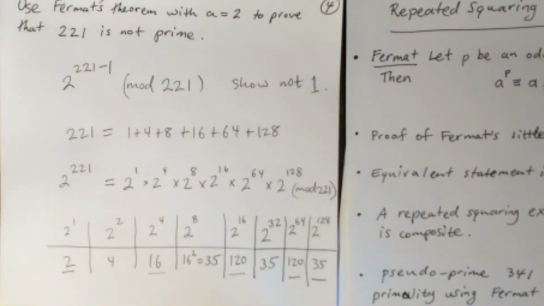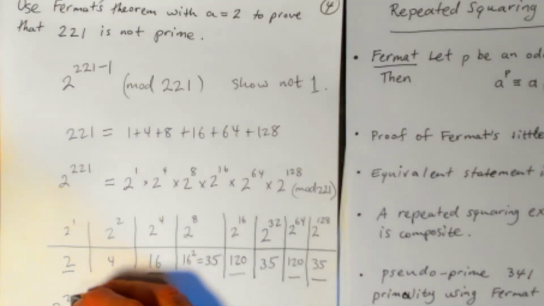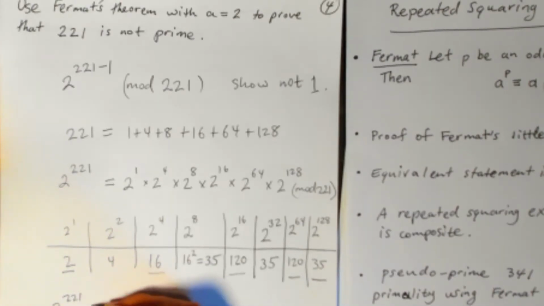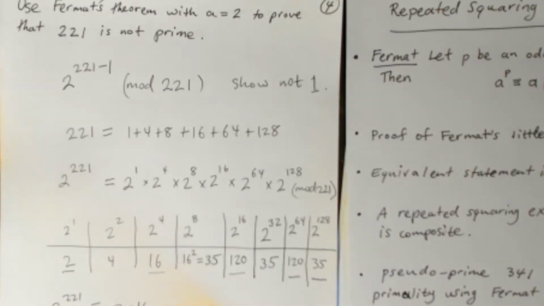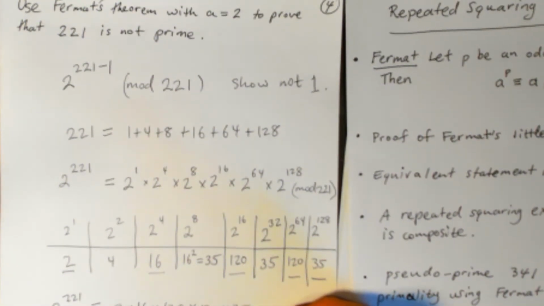Okay, so we've got to multiply these together and then reduce modulo 221. So we'll say 2 to the power of 221 is congruent to 2 times 16 times 120 times 120 times 35, and then it's modulo 221.